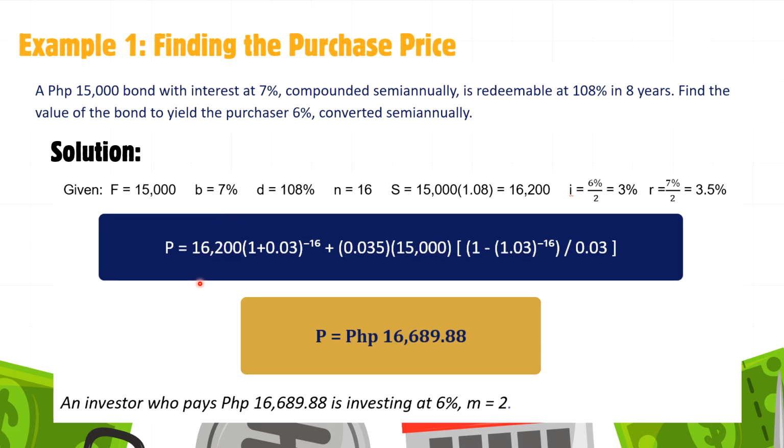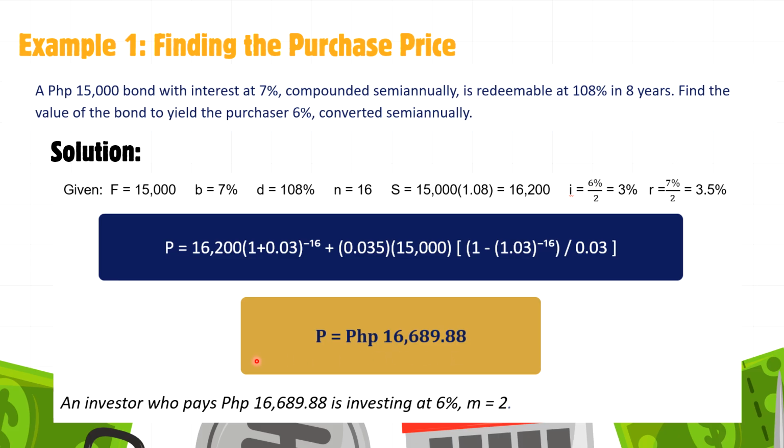So P, or purchase price, is equal to 16,200 multiplied by 1 plus 0.03 raised to negative 16, plus 0.035 multiplied by 15,000 multiplied by 1 minus 1.03 raised to negative 16 over 0.03, and that would be equal to 16,689 pesos and 88 cents.